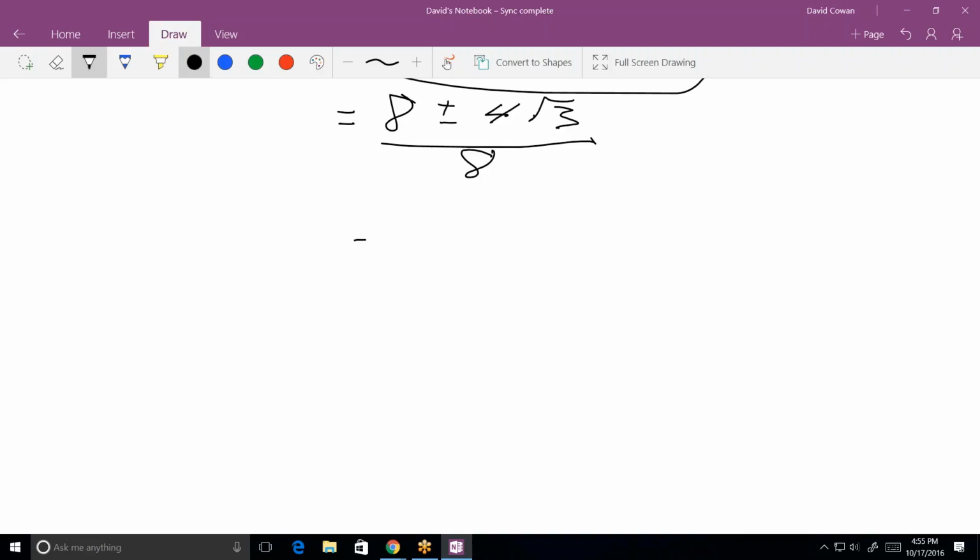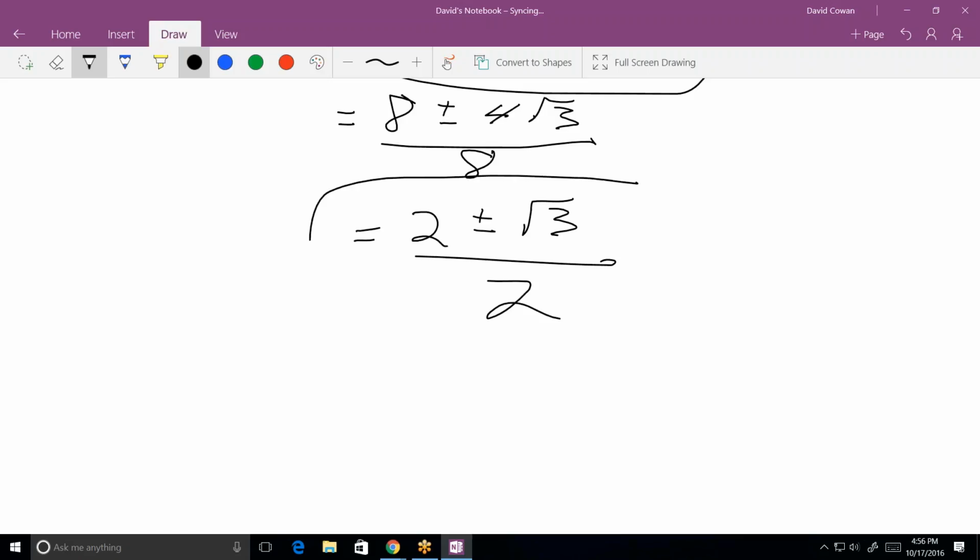Okay, and that's 4. In other words, I'm going to divide this thing by 4, I'm going to divide this thing by 4, and I'm going to divide the bottom by 4. And that's your answer. I can no longer simplify that anymore.